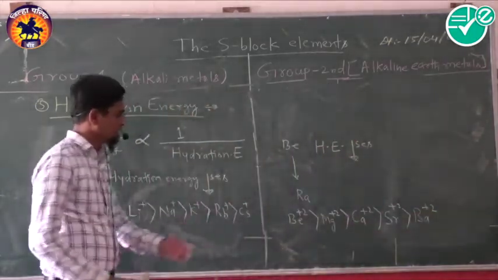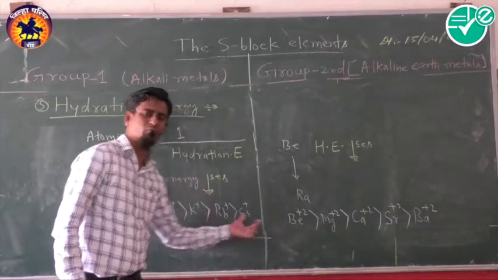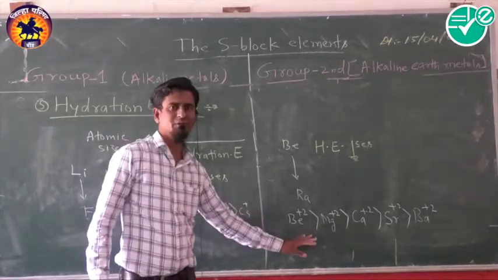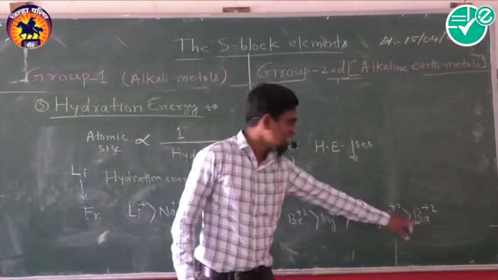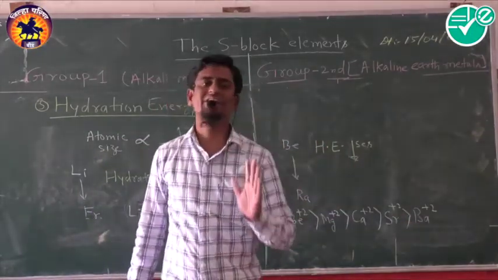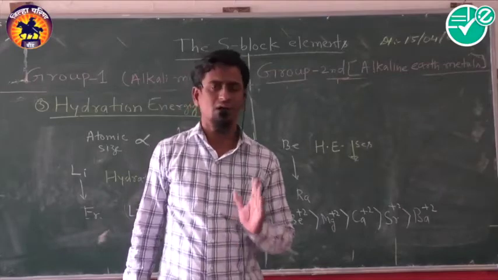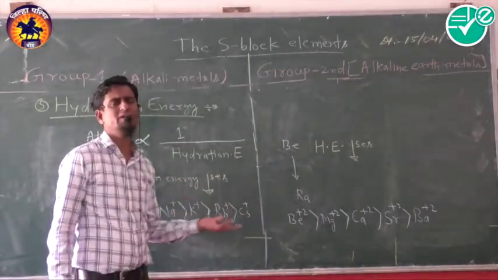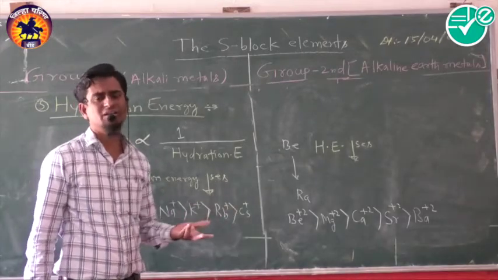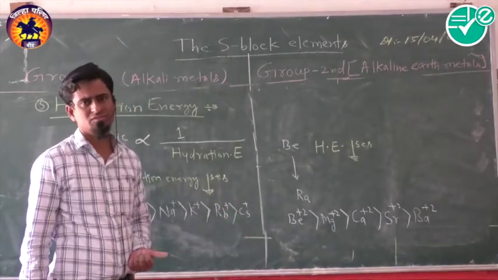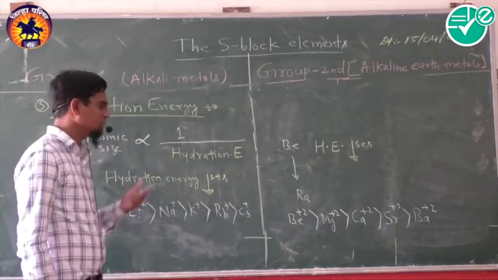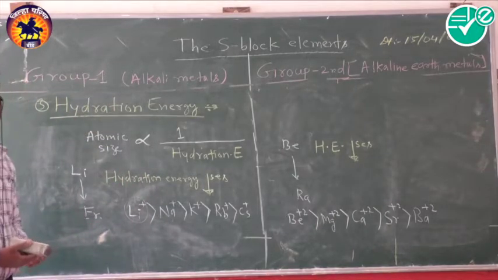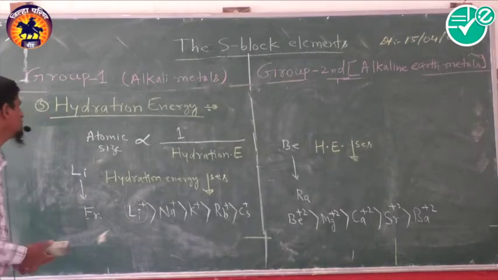So this is the order of hydration energy for both alkali metals and alkaline earth metals. Larger the size, smaller will be the hydration energy. On this topic, they may ask a direct question: what is the correct order of hydration energy for given ions? Got it, sir? Okay.